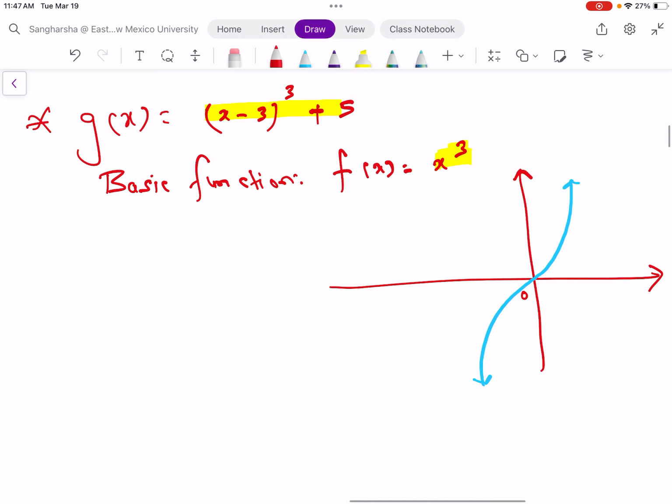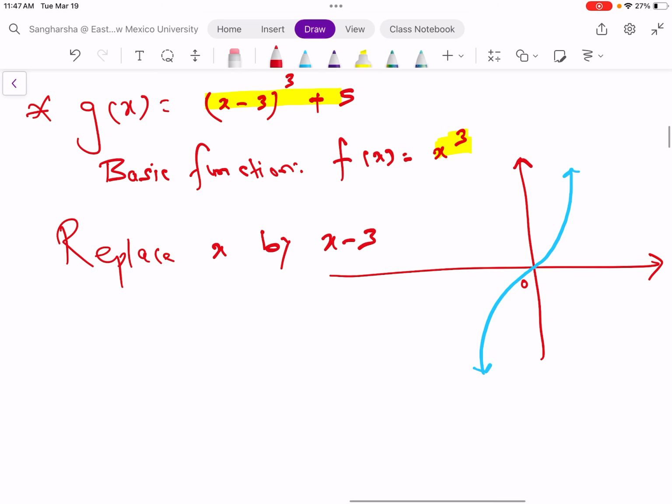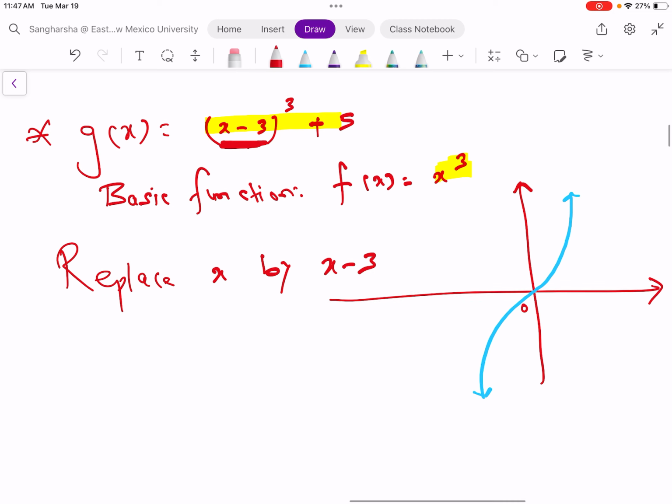What are the steps here? We replace x by x − 3. We are working on the basic function, so we replace x of the basic function by x − 3, because you are given x − 3 here. That's what we use to replace.